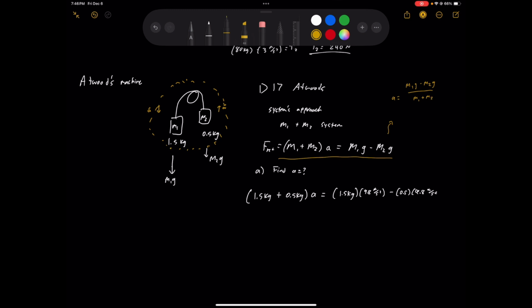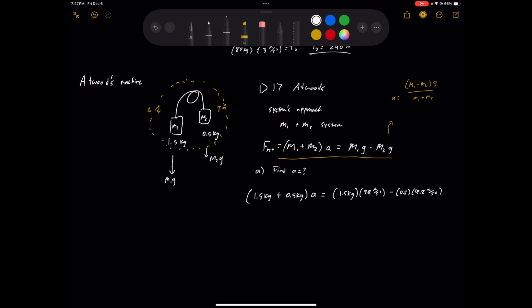And you can even simplify this further by factoring out the G. So if you needed to write this as an expression, not that you have to for the test, but I think it's good to know. You can just write M1 minus M2 times G, right? All right, so that'd be the simplified expression. But, you know, you can do this just fine.